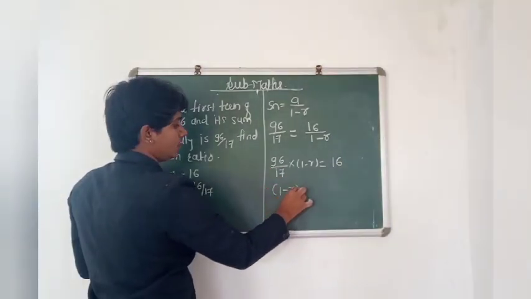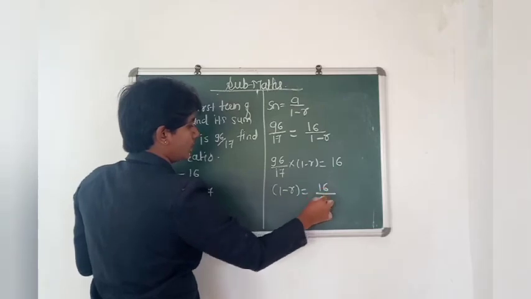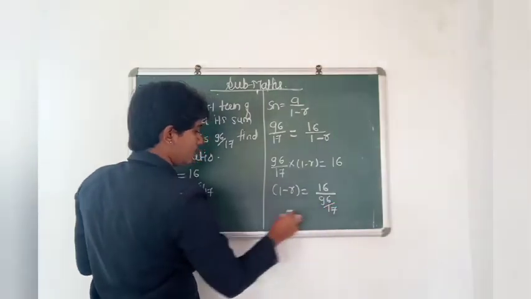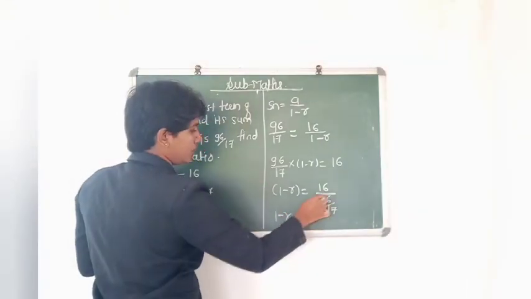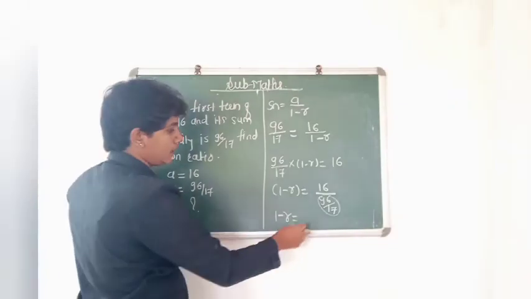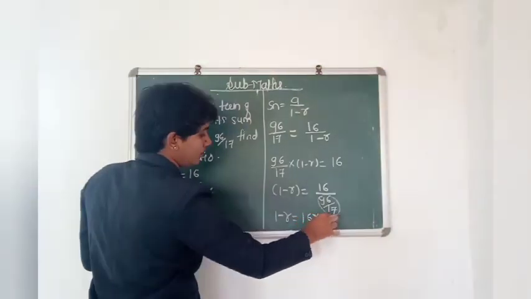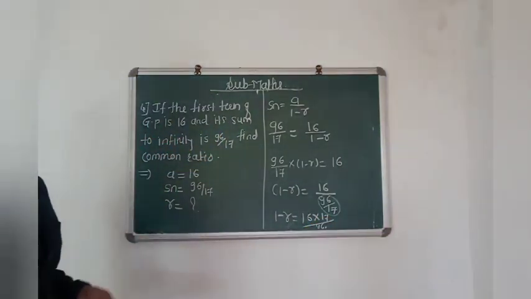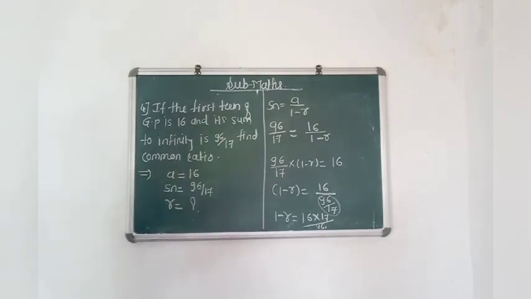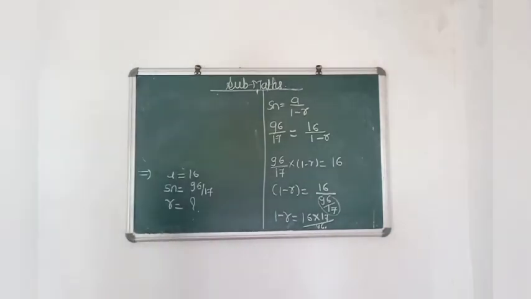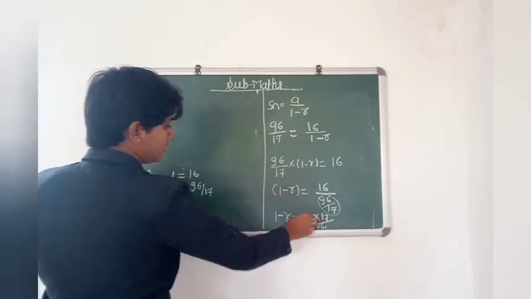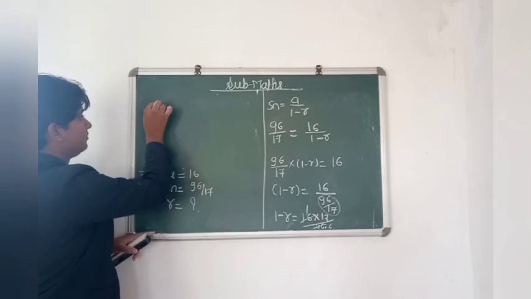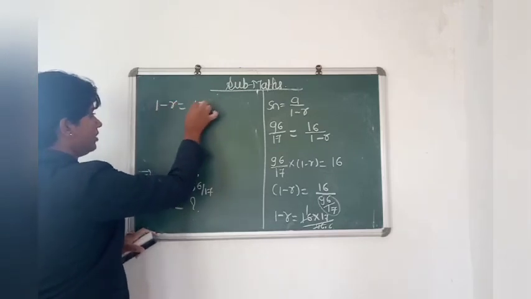That means 1 minus r is equal to 16 upon 96 upon 17, and this value goes to the numerator as its reciprocal. That means 16 into 17 upon 96. Multiplying these two numbers, 16 into 17 upon 96: 16 ones are 16, 16 sixes are 96. That means 1 minus r is equal to 17 upon 6.